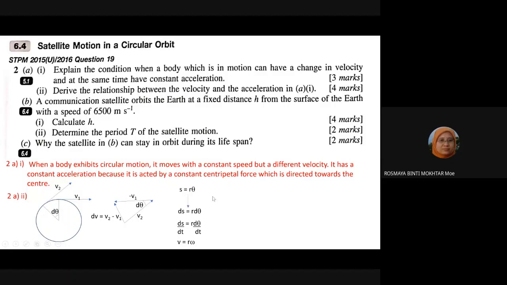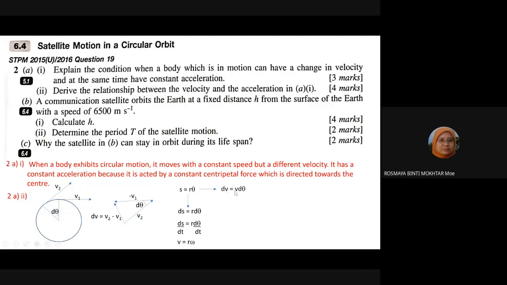Next we are going to refer to the vector diagram. For the vector diagram we also use the same s equals r theta. Because it is a very small angle, we can use dv here with s equals r theta.